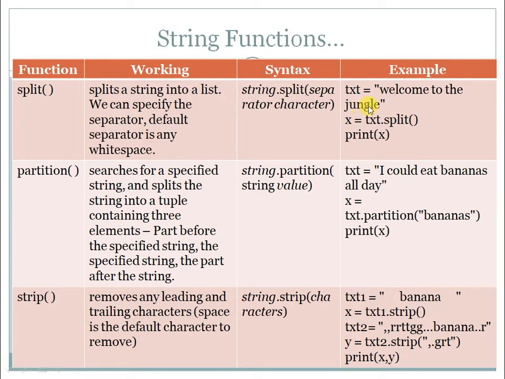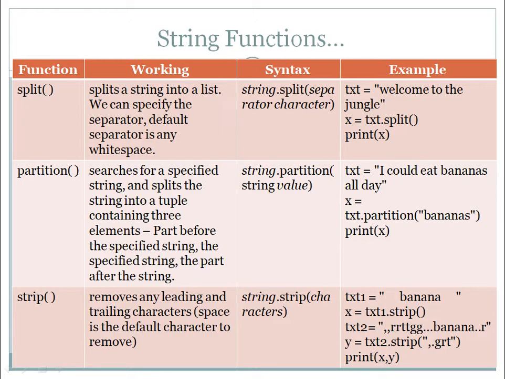But if you have some special characters, suppose a dollar sign or ampersand sign or @ sign in between the words, you can specify that character here. You can write text.split, and in single quotes write @. So wherever it finds @, it will break the string from there. The first part will be the first element, and it will check for other occurrences of @. This is a very important function. It will be used in various chapters ahead, so you must know the use of the split function.